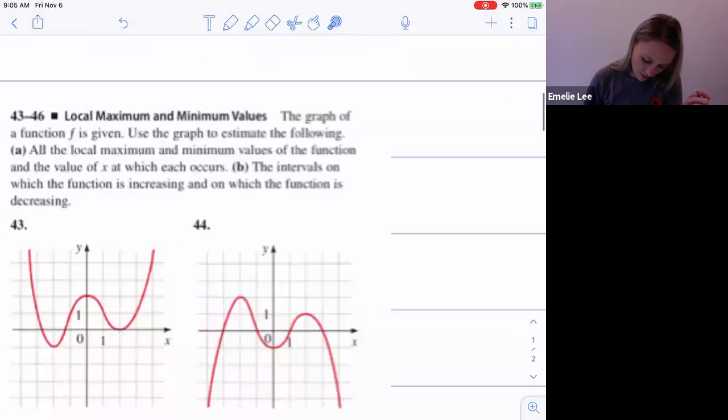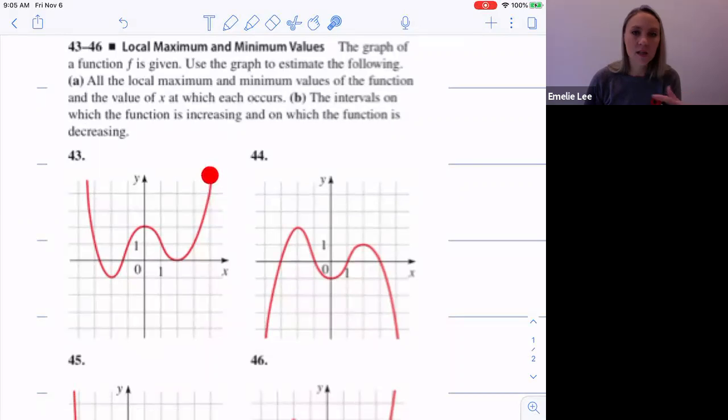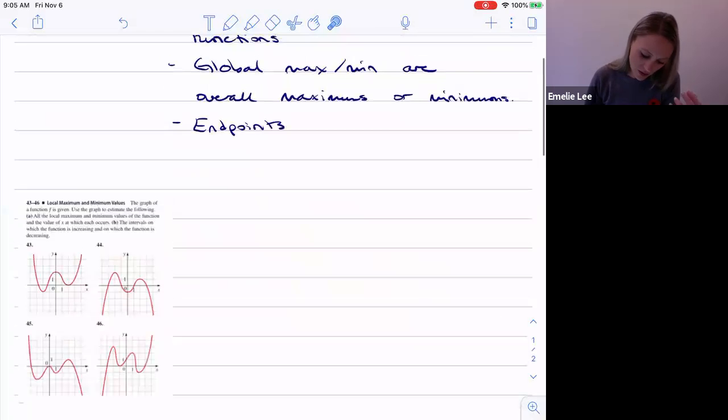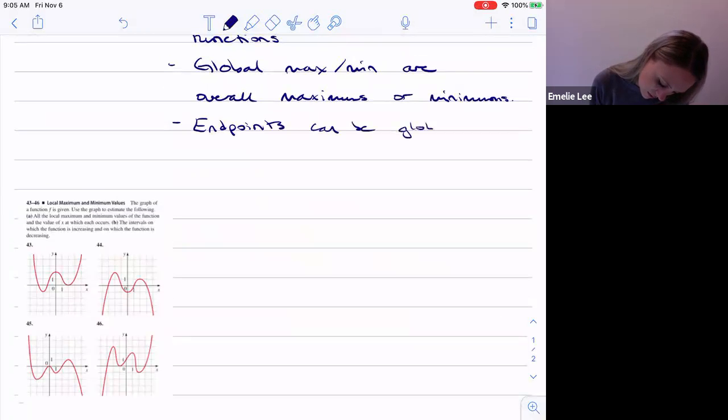Let's pretend that this graph ends here, it doesn't, it extends to infinity, but say it were to end here. Then, coming in from the left, it's the highest point, but there's nothing to compare it to on the other side, so we can't know if it's a local max or min. So endpoints can be global max or min.